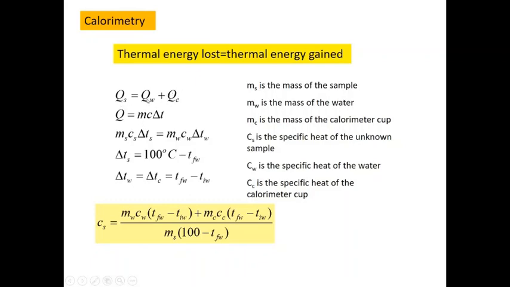And each Q in this equation can be written as mass of each substance multiplied by specific heat of each substance multiplied by temperature change of each substance. If we write this equation, we can find from it the specific heat of the unknown sample.